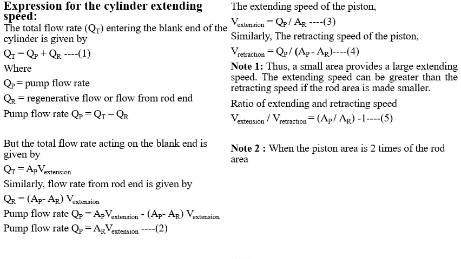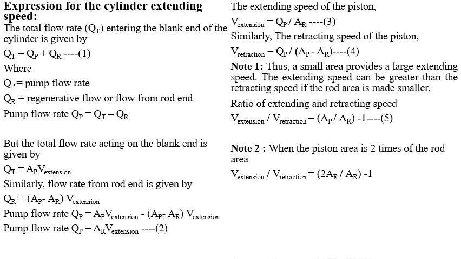In a regenerative circuit, the extending speed and retracting speed of the cylinder can be made equal when the piston area is 2 times the rod area.